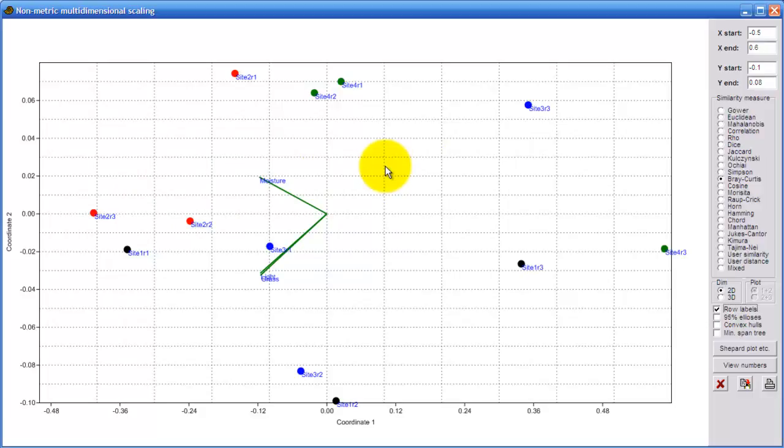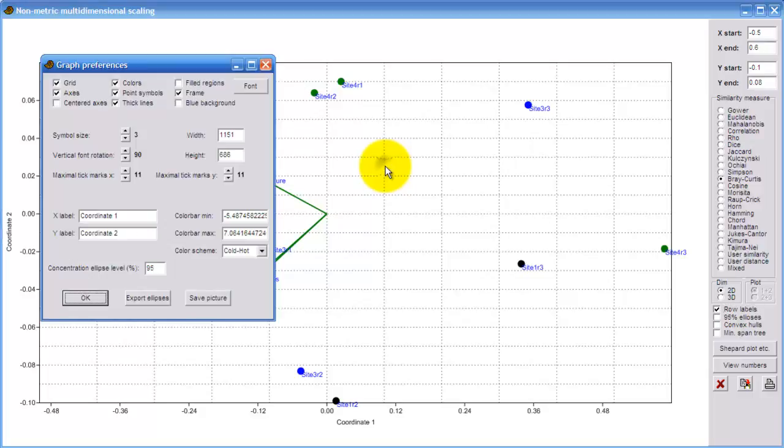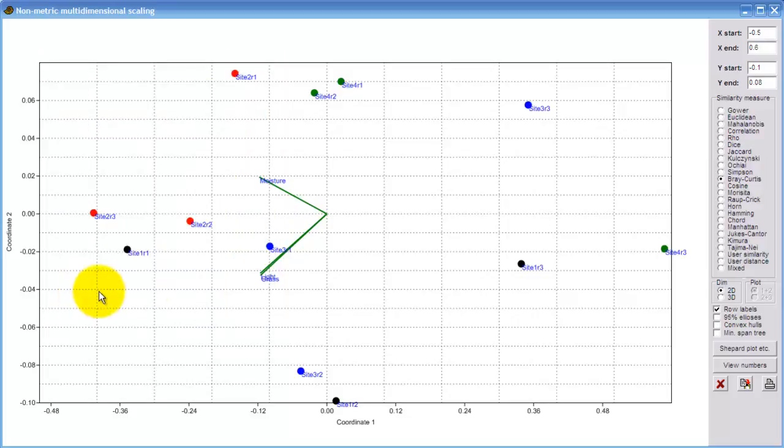Now, the orientation of ordinations doesn't really matter. If I were able to flip this, other programs just allow me to tick a box and flip the graph left to right and up and down, but I can't do it here.